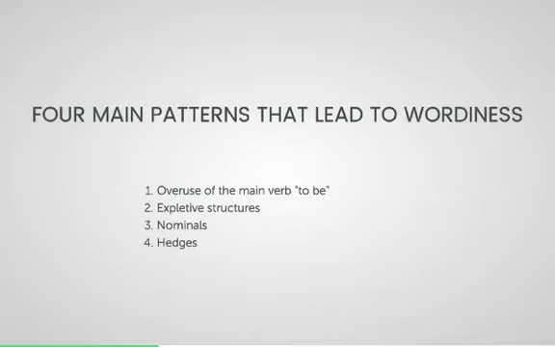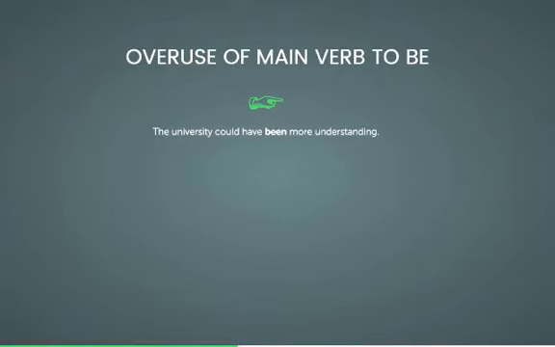Getting into actually editing for conciseness, there are four main patterns that lead to wordiness, and these are from Revising Professional Writing. The first is the overuse of the main verb to be. The best way to find the main verb in any sentence is to look to the right. It's the rightmost verb.